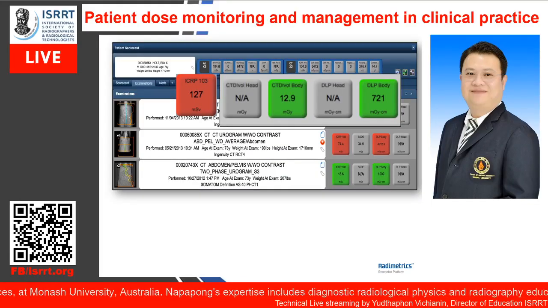In the commercial software, this is the radiation metric that we use in my hospital. In each examination, we see these data. We see CTDI volume, the CTDI depending on the phantom or the investigation. Normally there are two types of phantom: 16 centimeters for the head and 32 centimeters for the body.